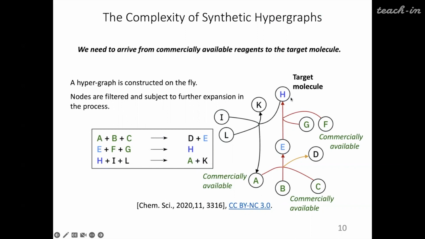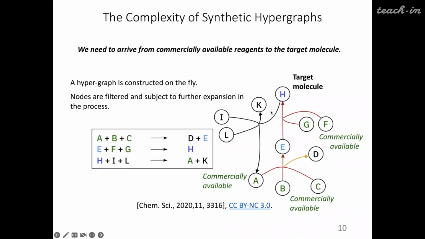If H is a target molecule, we may have such a hypergraph that encodes the synthesis of H from I, L, A, which may also be commercially available, and several other commercially available compounds.